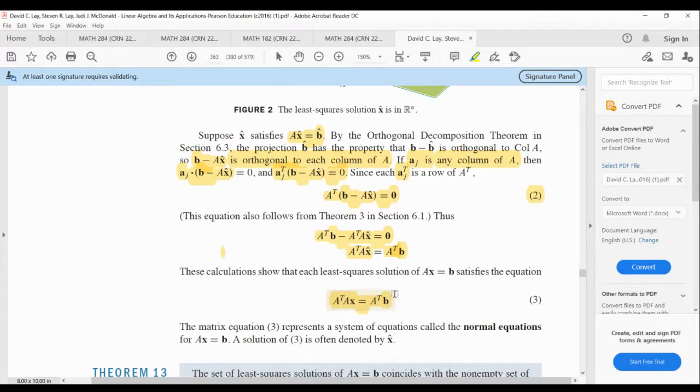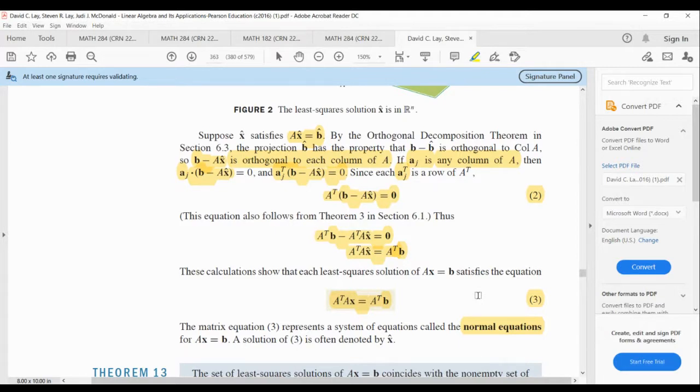It's called the normal equations: A transpose A times x hat equals A transpose b. Those are called your normal equations. But what the book does is it expresses the normal equations in equation 3 without the hat on the x, which, to be honest, I don't quite understand. But that's how they show it.